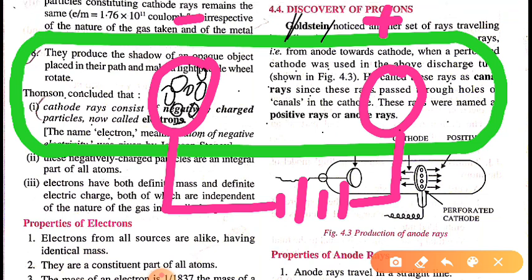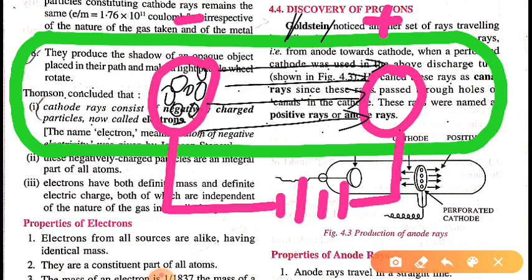First of all, consider the discovery of the electron. In the discovery of the electron, one ray was generated from the cathode and moved towards the anode, like this, in J.J. Thomson's experiment.